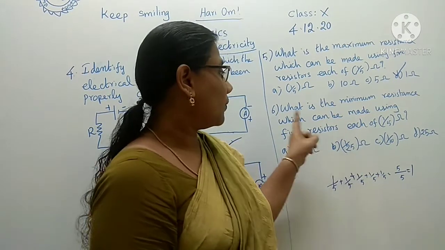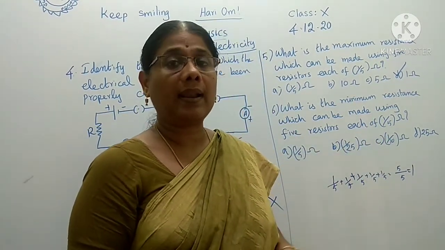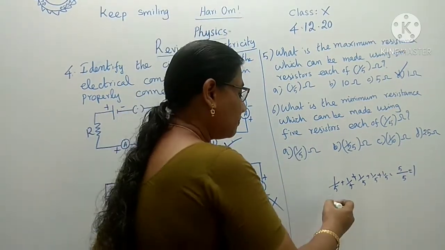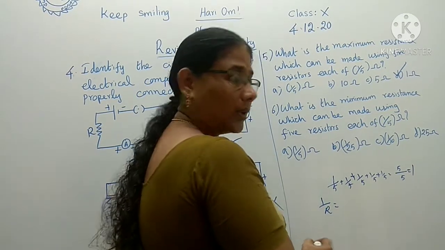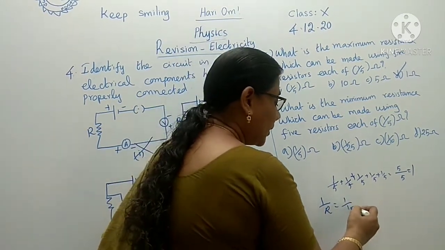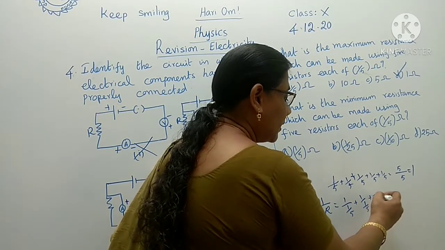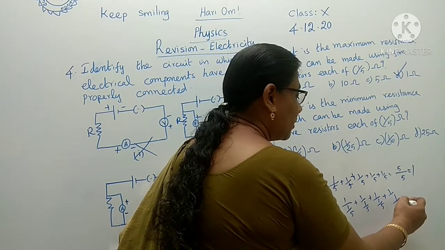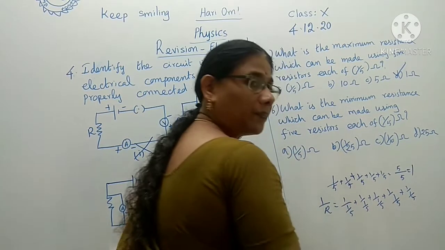Isn't it? So, if we connect 5 resistors in parallel, we will get a very small value. So, what will we get is 1/R is equal to 1 divided by 1/5 plus 1 divided by 1/5 plus 1 divided by 1/5 plus 1 divided by 1/5 plus 1 divided by 1/5.